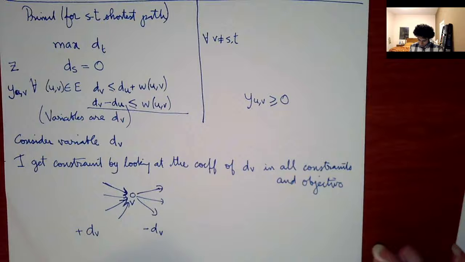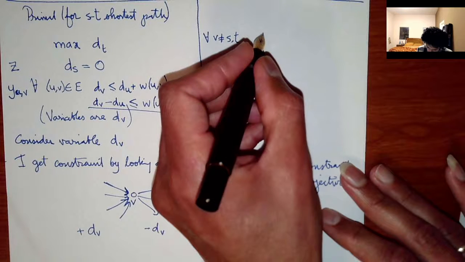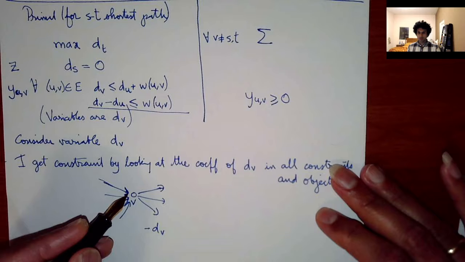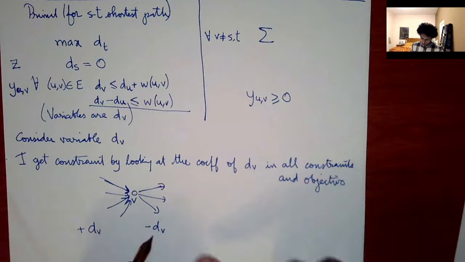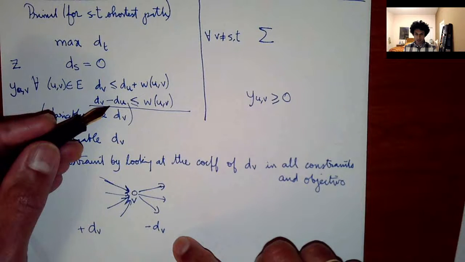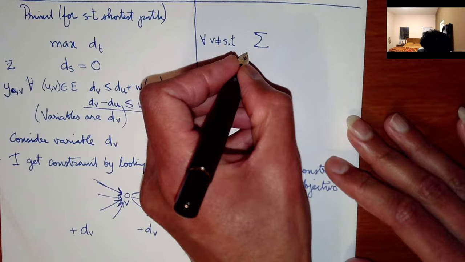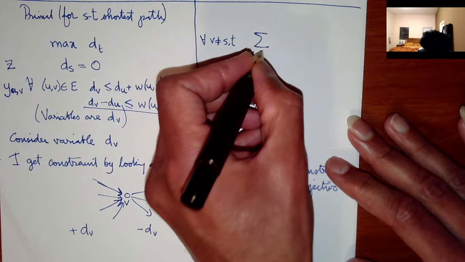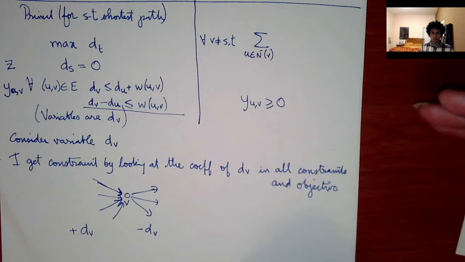So if you put together all the constraints, you get the following. For every edge that is an in edge, d_v appears with a plus 1, and for every edge that is an out edge, it appears with a minus. So for every u in the in neighborhood of v, it appears with a plus.